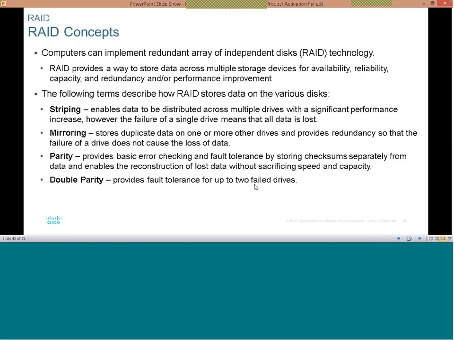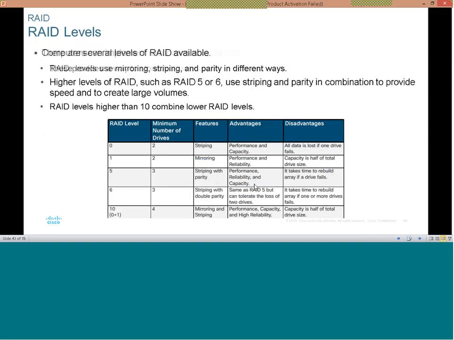So you can see that the purpose of parity is to check errors and also help you create something called fault tolerance. Fault tolerance means that even when 1 or 2 drives fail, it's still working for you. Okay, this technology can actually be found in most of our robust servers.